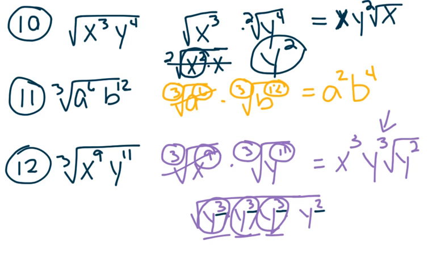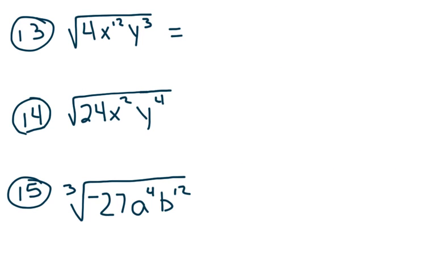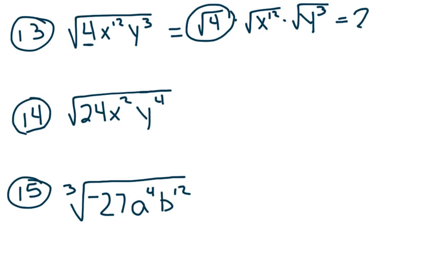Let's move on. Okay. Here we've got a number in addition. So let's do the square root of 4 times the square root of x to the 12th times the square root of y cubed. Okay. Square root of 4, we know that. That's 2. Square root of 12, can I divide 12 by 2 evenly? Yes, I can.